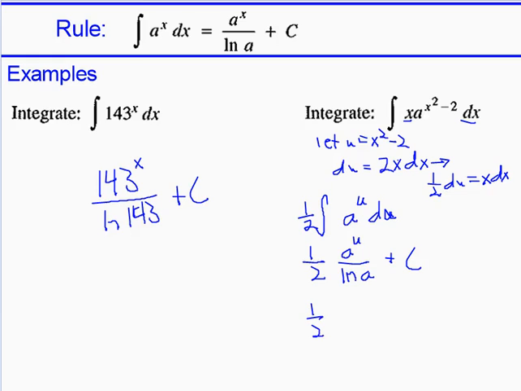And this is a to the u. Well, u was x squared minus 2, so a to the x squared minus 2 over the natural log of a plus c. And we could have put 2. Let's actually just cross this out, and we'll put 2 in the denominator here. And there is the integral of x times a to the x squared minus 2 dx.